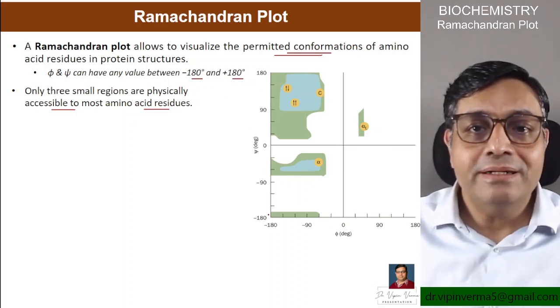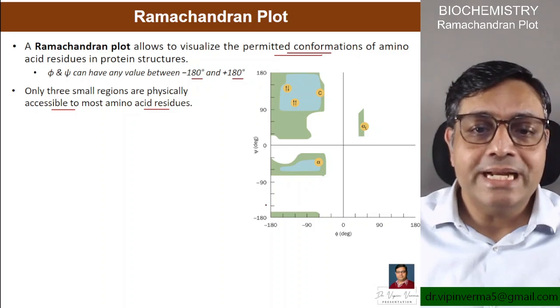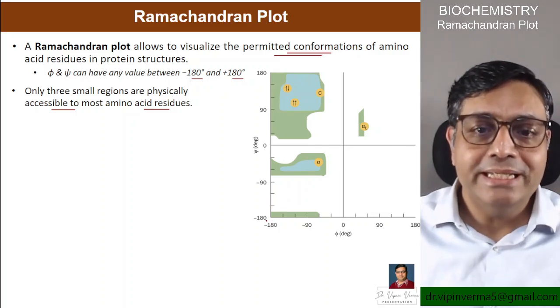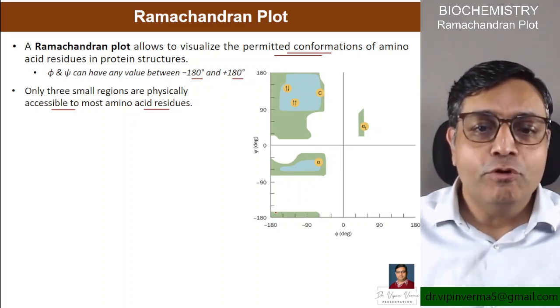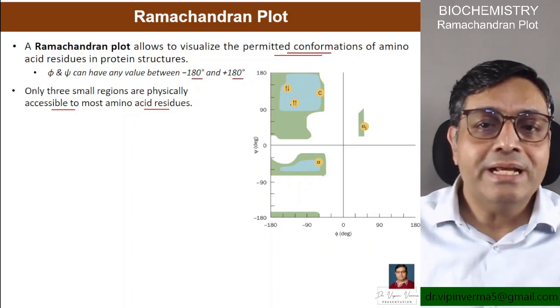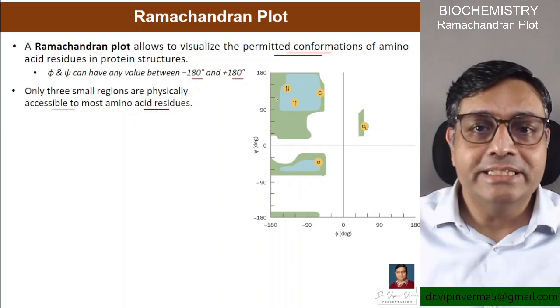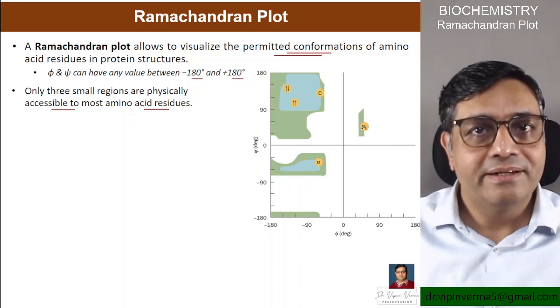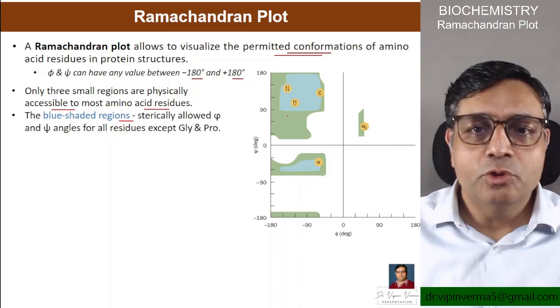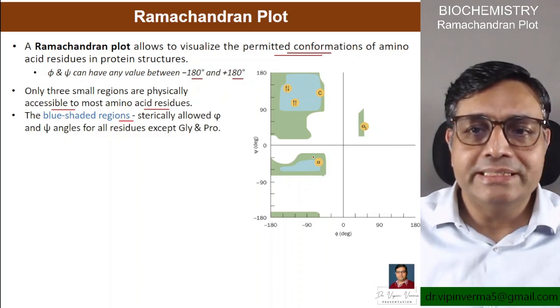In the same manner, here 180 plus and 180 minus look very far, but in actuality they are very near. Therefore this region is in continuation to this region. So there are actually 3 regions: one big region, one intermediate region, and one small region here. Clear? Good.